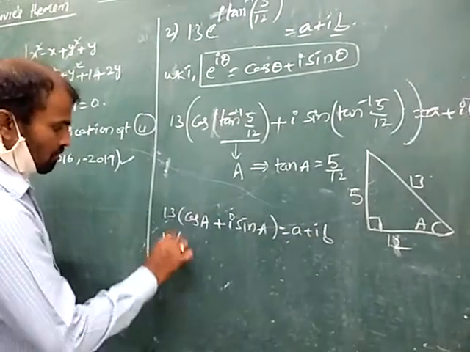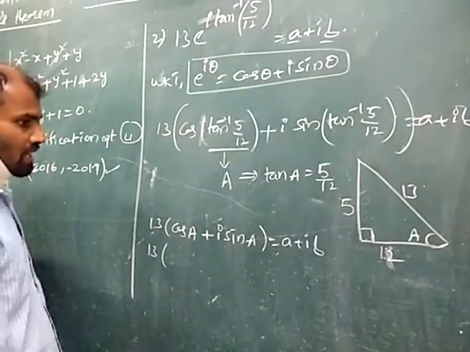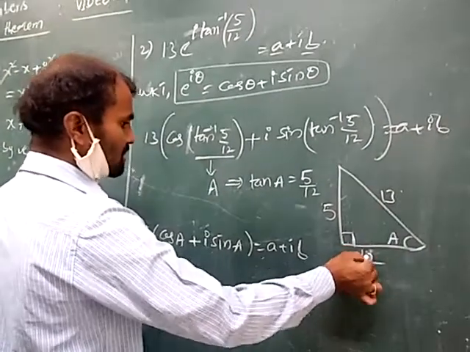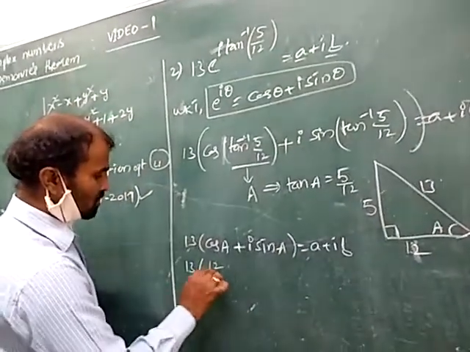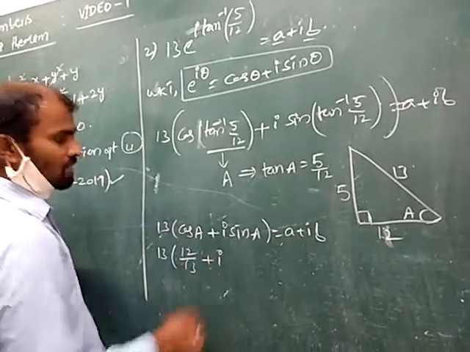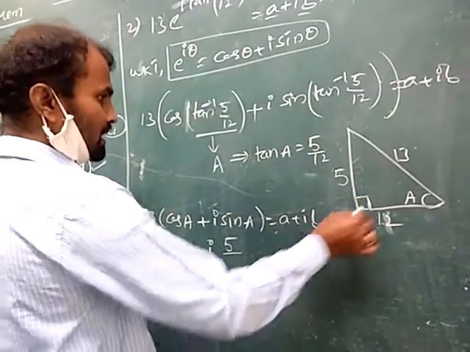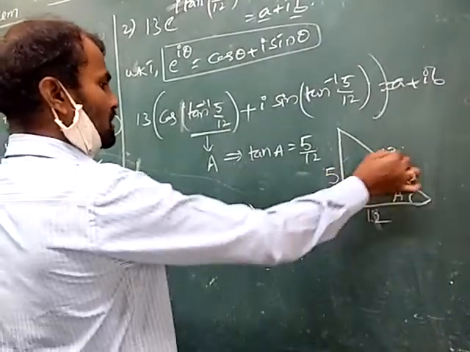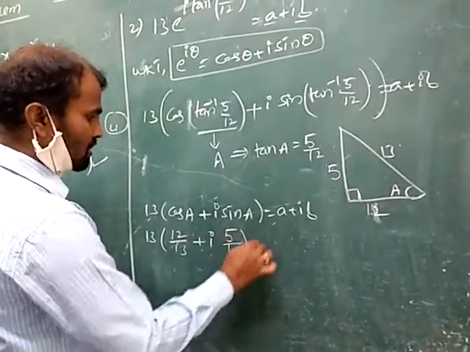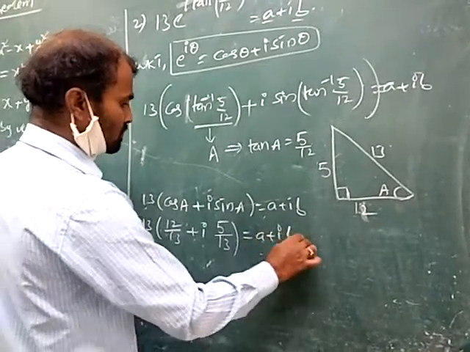So 13 into what is cos a from the right angle triangle? Cos a is adjacent side by hypotenuse, that means 12 by 13, plus i into sin a, which is opposite side by hypotenuse, 5 by 13, equal to a plus ib.